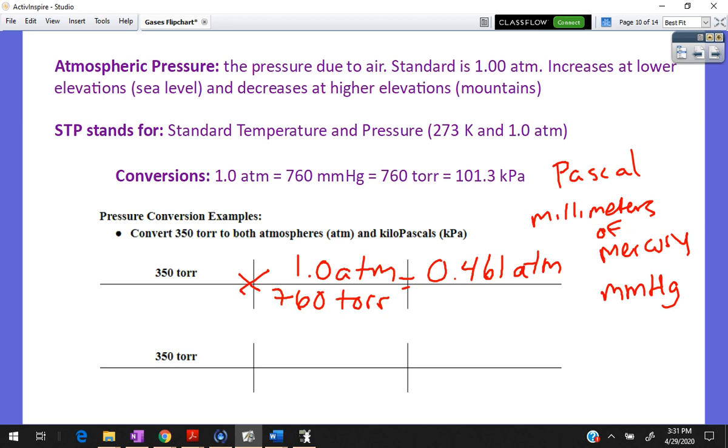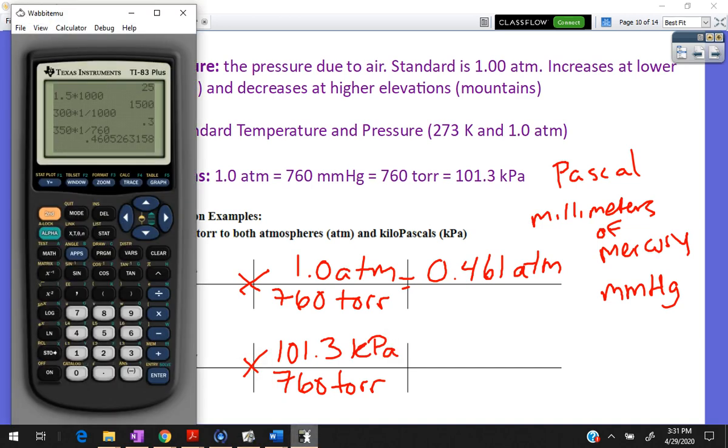If I'm trying to convert to kilopascals, I can still put 760 torr on the bottom, but I need to use 101.3 kPa on top. So again, we multiply that by the top. So 350 times 101.3, and then divide by the bottom, 760.